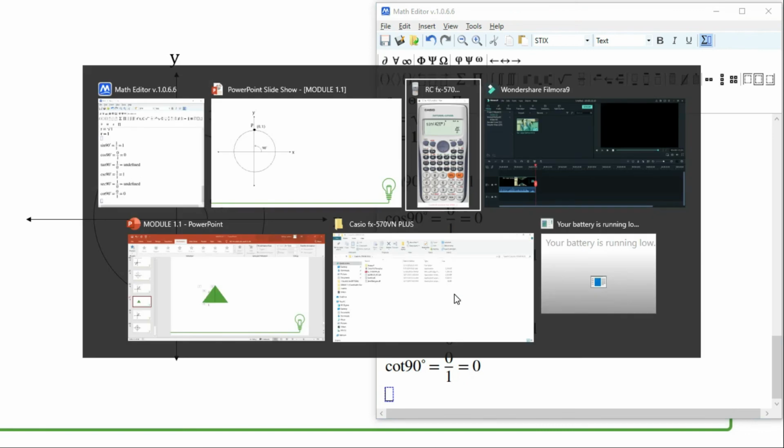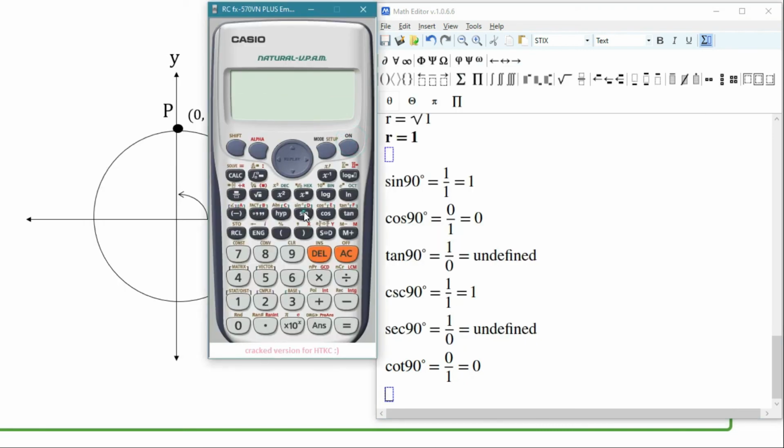So let us double check. Let's say for example, we have the sine of 90 degrees. That would be 1. But what if we have the sine of 180 degrees? The sine of 180 degrees would be 0.